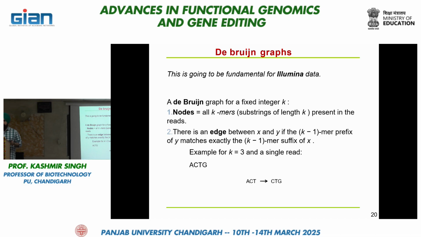Then de Bruijn graphs are fundamental for Illumina data. This is again the assembly. It measures all the parameters automatically, so you don't have to enter the sequence. It will do overlapping of the alignments on the basis of Kmer size on its own. You just tell the range, from this value to this value you want to overlap, and it will do the same.